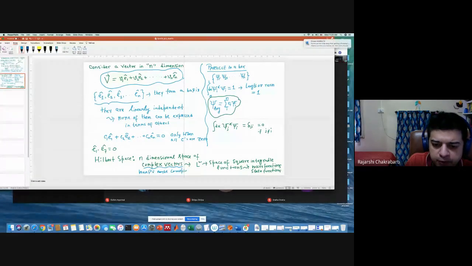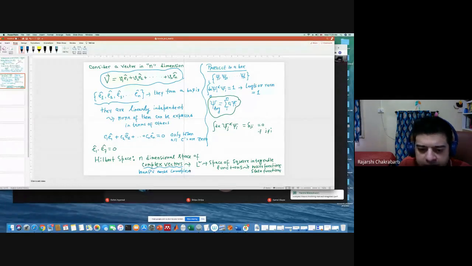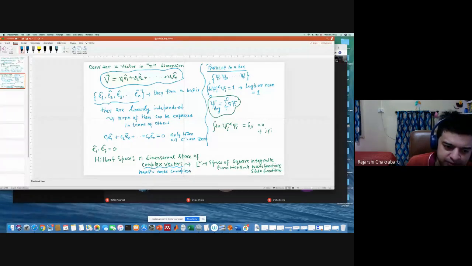There is no problem, no? There is no such restriction. Complex means it has a real part and an imaginary part. But these are like vectors, so these are complex vectors, wave functions, and they belong to a space which is called Hilbert space. You don't need to know more than that. But the condition is that these wave functions are square integrable functions.